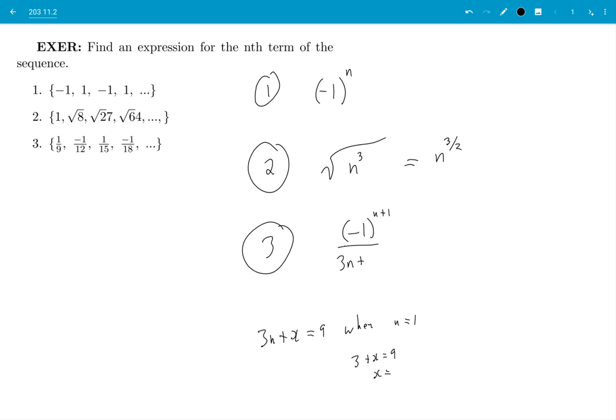So x is 6. So that gives me my 6 right there. Okay, then you can double check. Maybe you plug in n is 4 into here, and you get -1 on top. Yep. And on the bottom, you get 12 plus 6, which is 18. Hunky-dory.